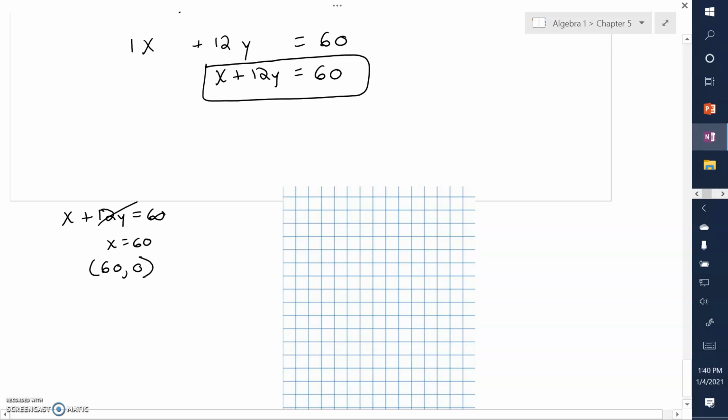Now let's get our other intercept. x plus 12y equals 60. This time I'm not going to buy any songs. I'm just going to buy movies. So 12y equals 60 and y equals 5. So I have another point at 0, 5.